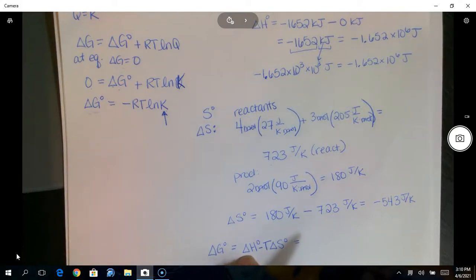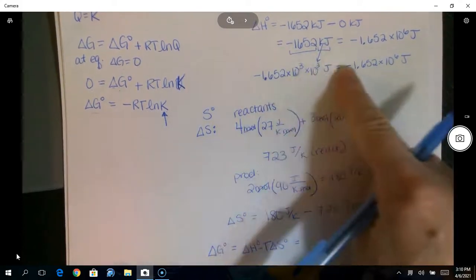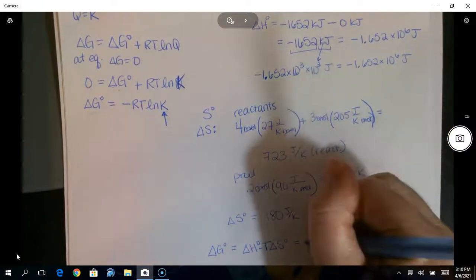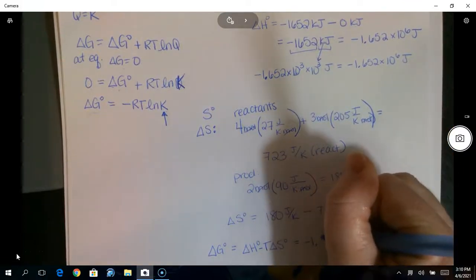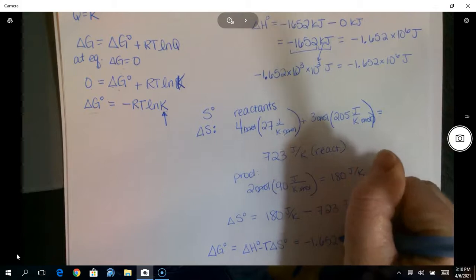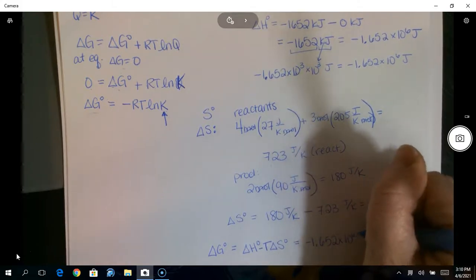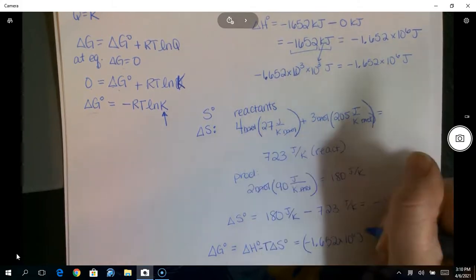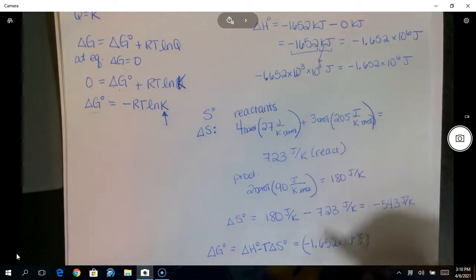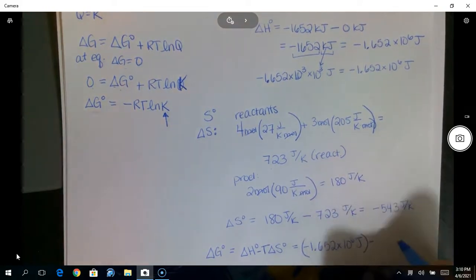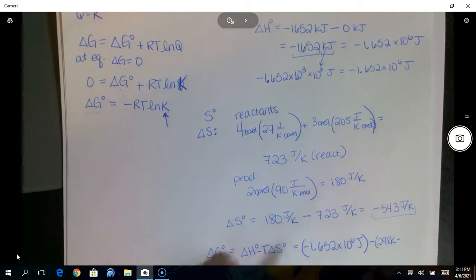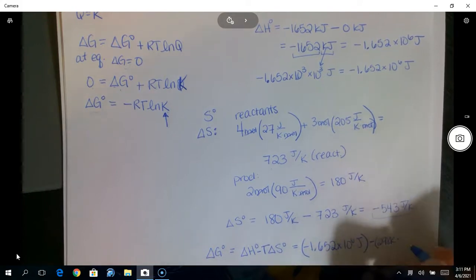We did that one first. It's up here. So this is negative 1.652 times 10 to the 6th joules minus 298 kelvins times our delta S, which is right here.